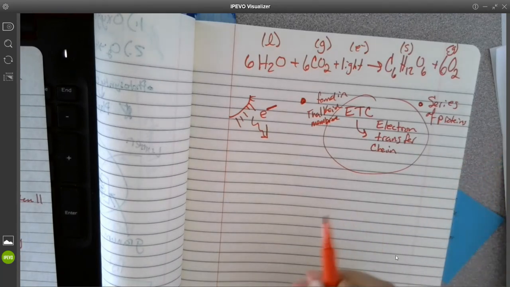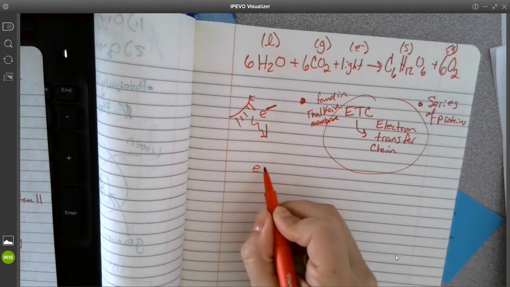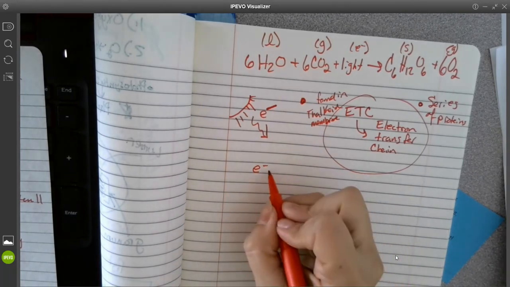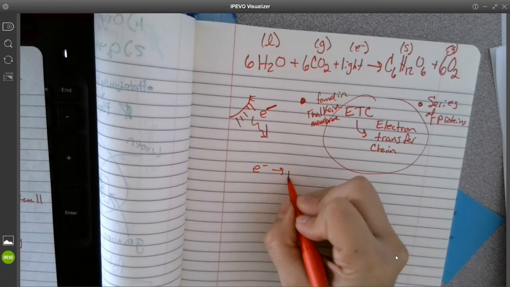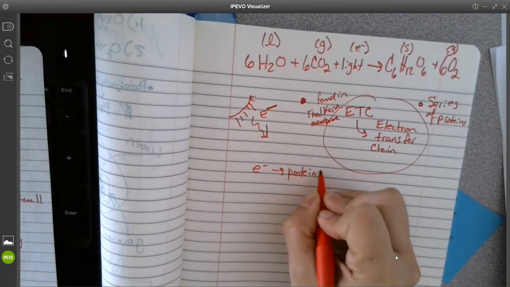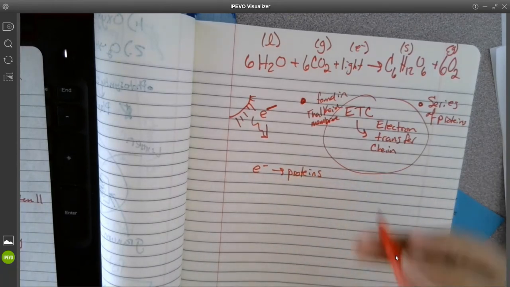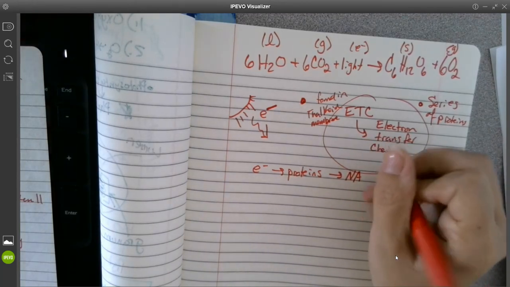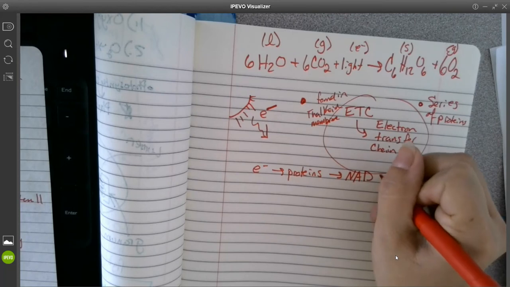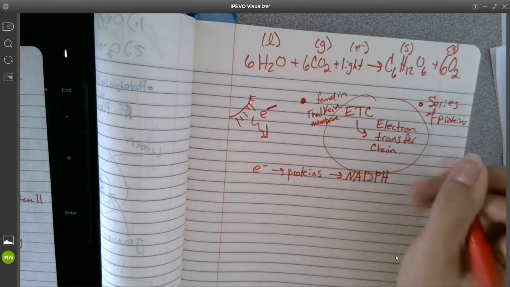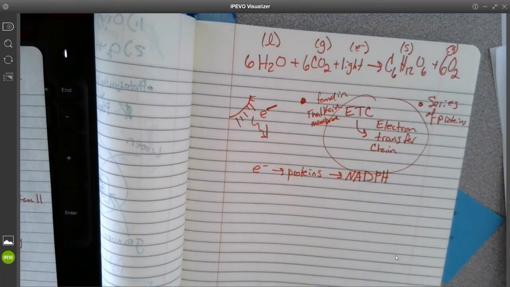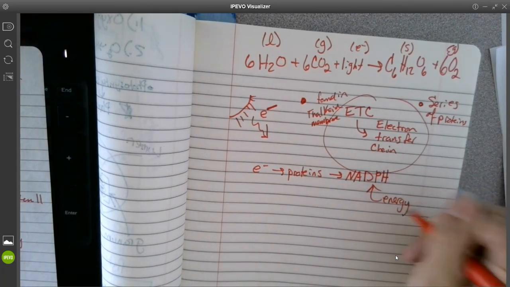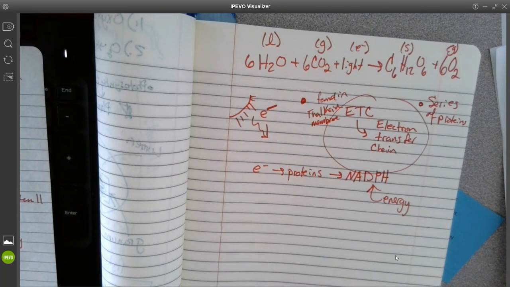As our electron is absorbed into our entire system, the electrons will go into the proteins and be transformed into energy. Our energy is going to be abbreviated as NADPH. And this is going to be energy that is given off in photosynthesis.